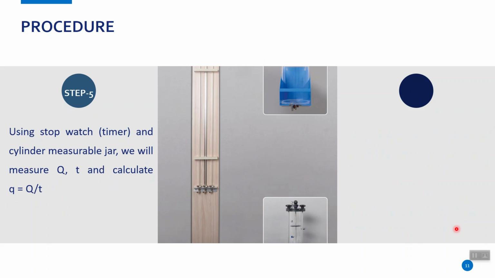Step 5. Using a stopwatch and measuring cylinder, we will measure Q and T. T is the time, and Q is the quantity of water collected in that time. From Q and T, you can calculate the discharge q equal to Q by T. Step 6.